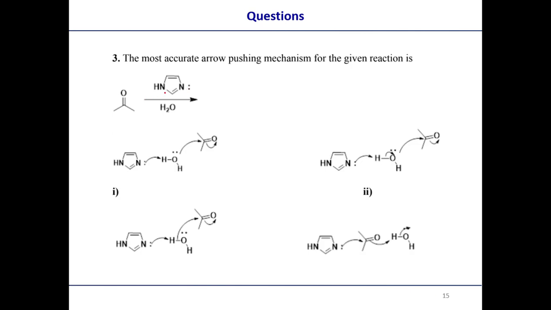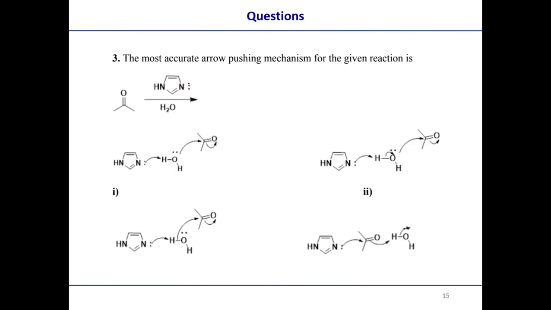So in both the reactants, which one is electron rich? You can see here we have a lone pair of electrons present on the nitrogen atom, correct? So that means it will act as a nucleophile. Nucleophile means it has a lone pair of electrons, means an electron rich species.